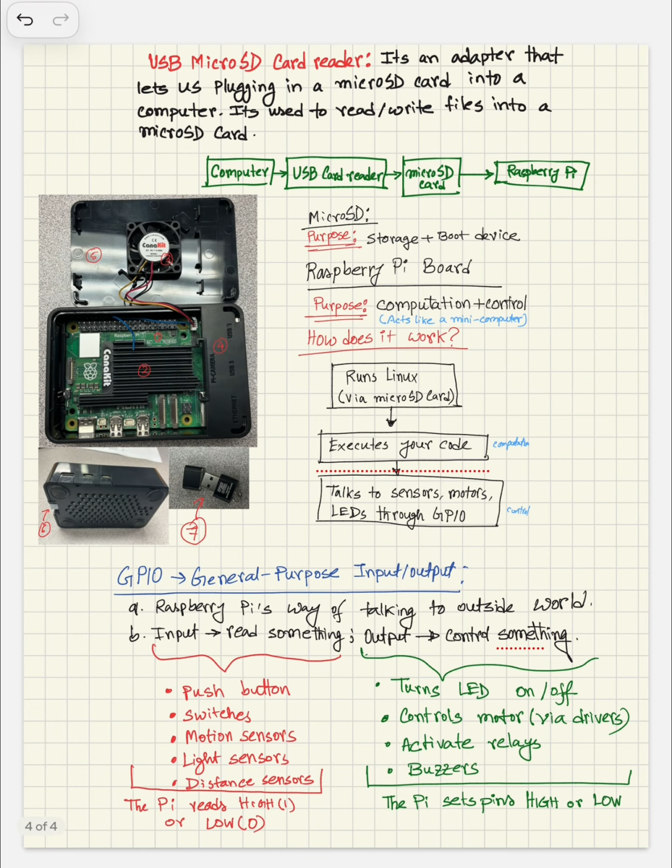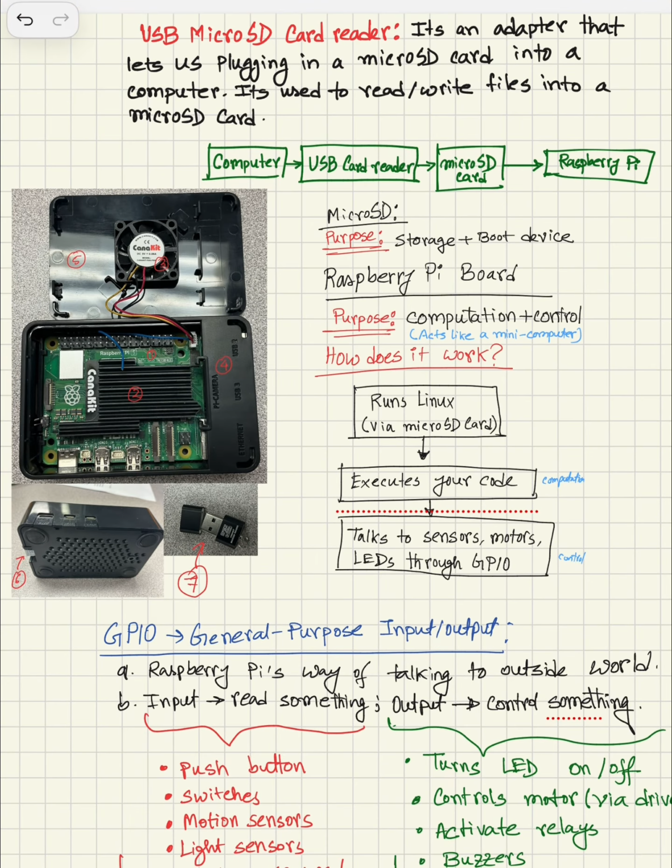Now let's discuss step by step each component, what their functions are, and what they are trying to achieve. So first we start with a computer. From the computer we get data into our micro SD card through a USB card reader.